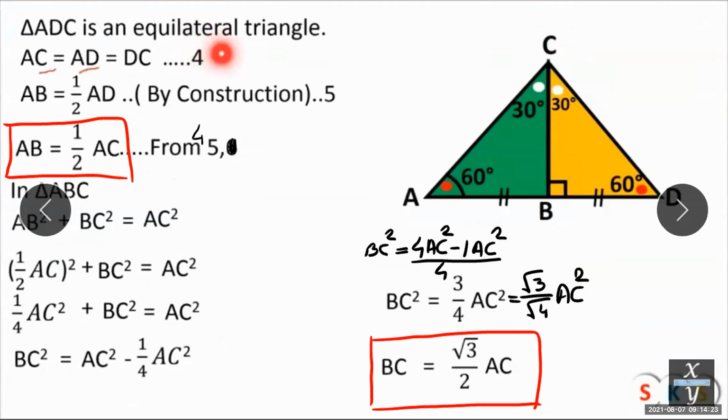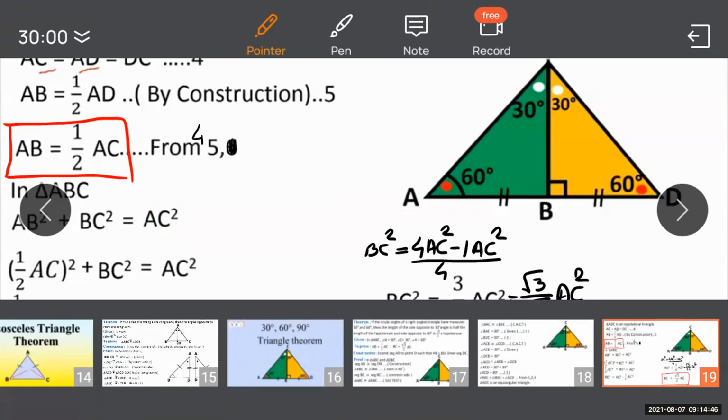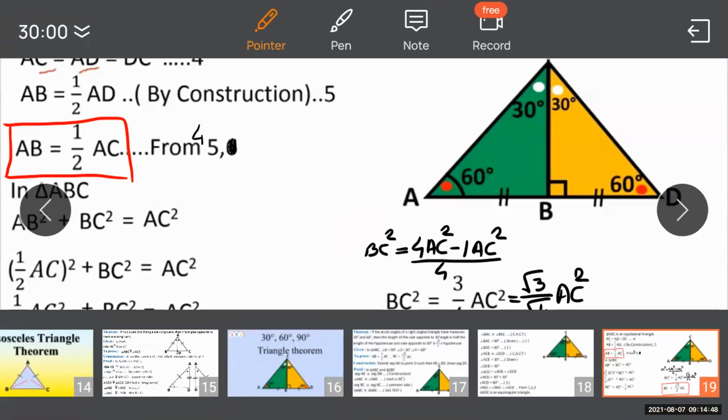By all these steps you can first prove the first part, and by using the Pythagoras formula and putting in values you can prove the other part of the statement. So this is the theorem for the 30 degree, 60 degree and 90 degree triangle.